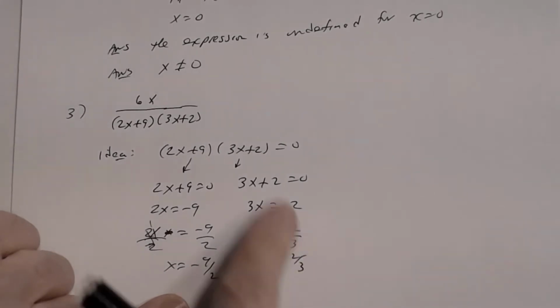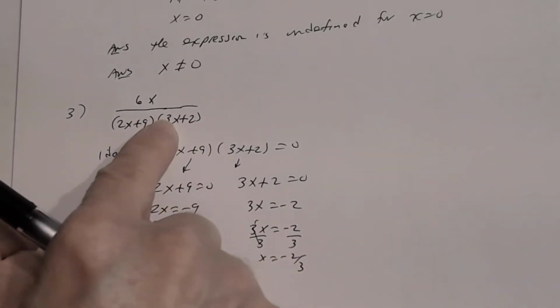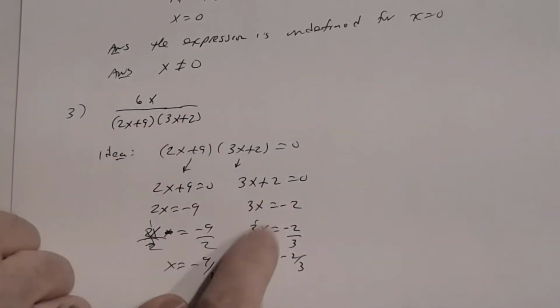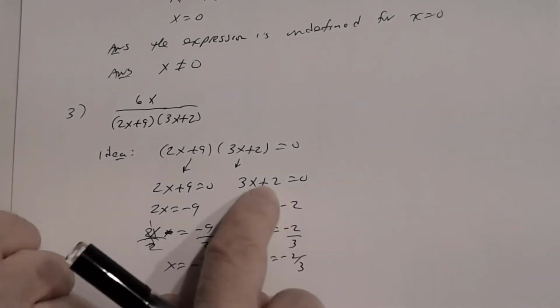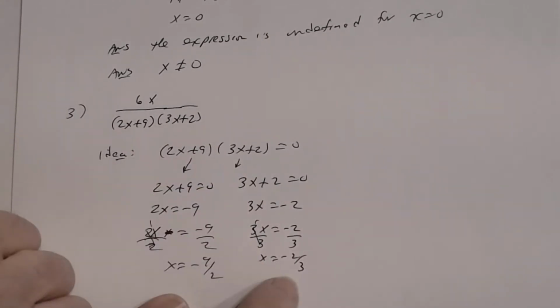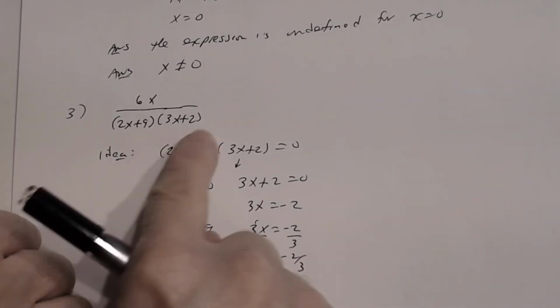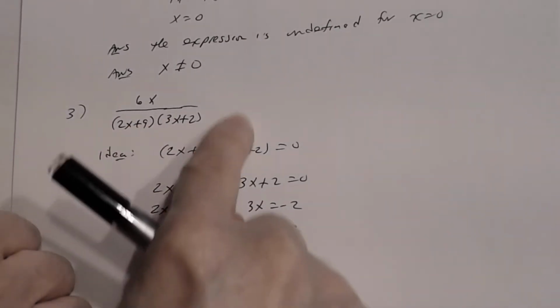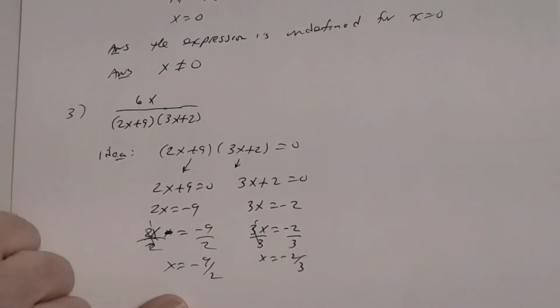Negative 2/3 also makes this denominator 0, because remember, negative 2/3 comes from this one. So this factor is 0 when x is negative 2/3. That makes this denominator 0, which means that the rational expression is undefined.